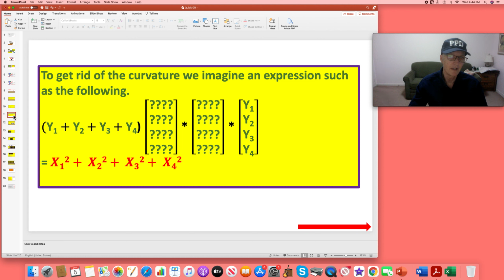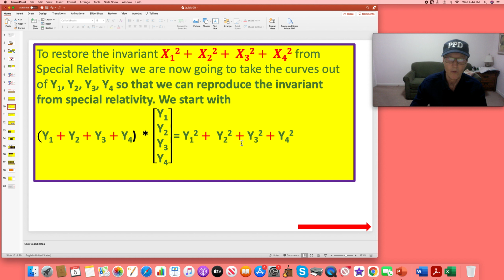What we need is we have the row times the column. And right now, if you have the row times the column, we just did that. We get y1 squared plus y2 squared plus y3 squared plus y4 squared.